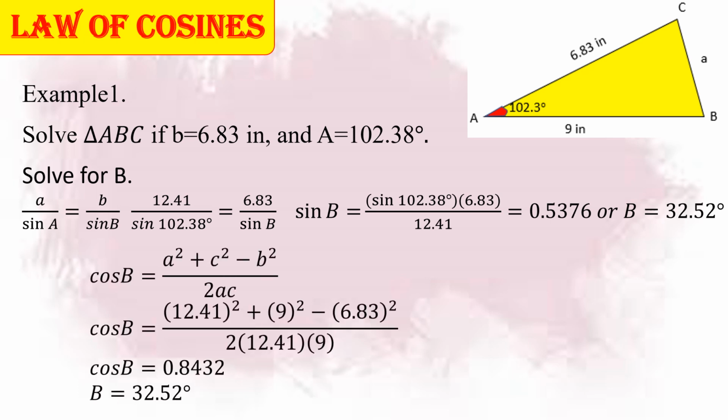So kapag once naman na ginamit natin yung law of cosines, ayan. Okay, so cosine B is equal to A squared plus C squared minus B squared over 2AC, and then just substitute the values. So yung A squared natin, or the side A is what? 12.41 squared plus the value of C is 9.